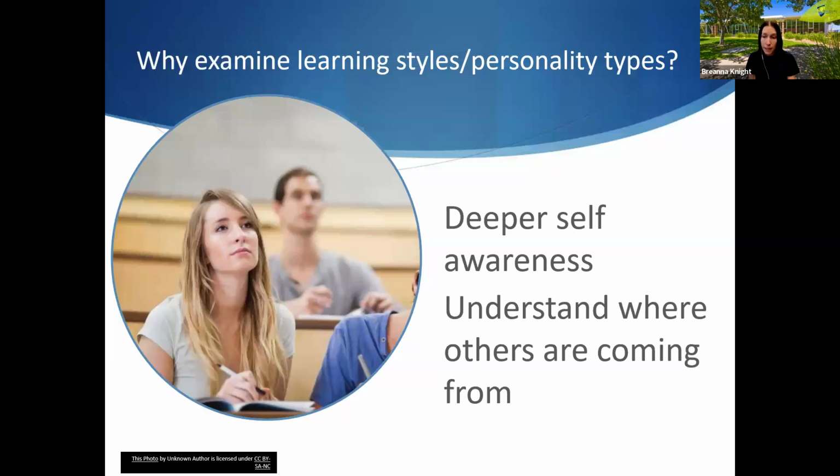Another reason is that if you've got some of this deeper self-awareness, sometimes that can help broaden your knowledge. You might remember from week 1, we talked about some of the graduate attributes, and one of those was cultural competence. And that's part of this. Part of knowing your learning and personality styles is actually knowing other people's and understanding other people and where they're coming from.